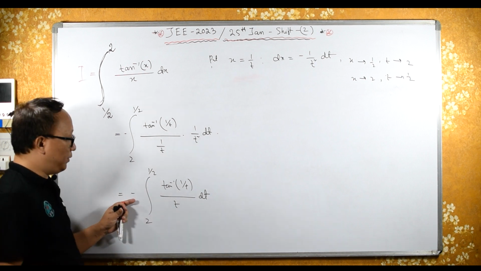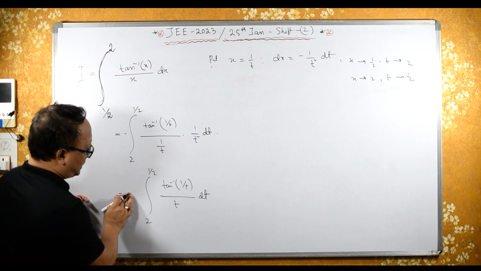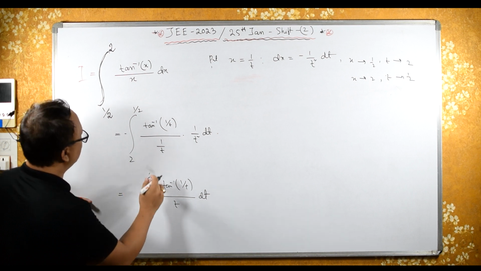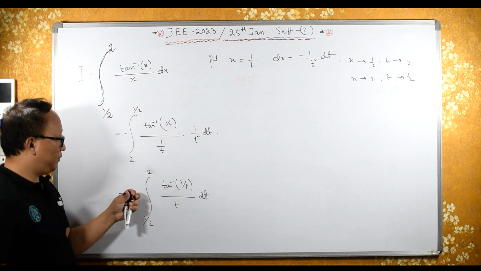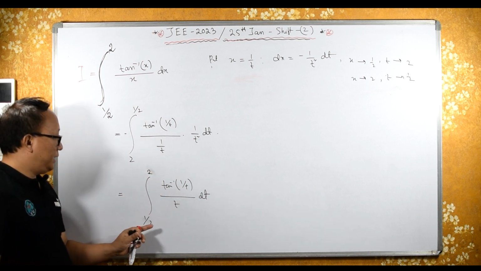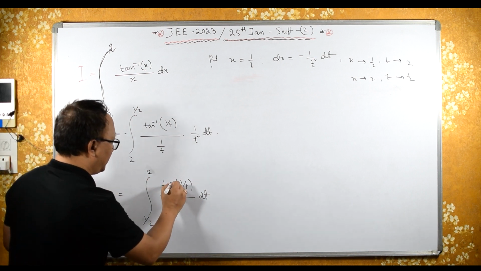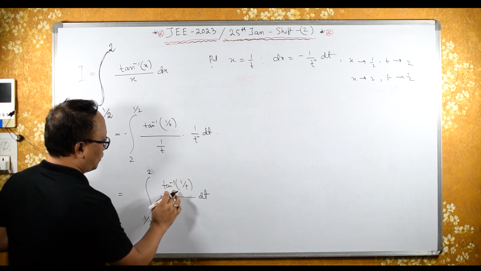Now let's remove this minus. We can remove this minus by changing limits, 2 to half becomes half to 2. I already removed the minus. Now this limit is from half to 2, all are positive, so I can write tan inverse 1 by t is the same as cot inverse t.